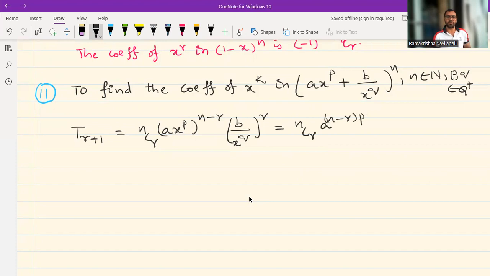Here x power q, when it goes into the numerator, becomes x to the power of minus qr, into x to the power of p into n minus r.